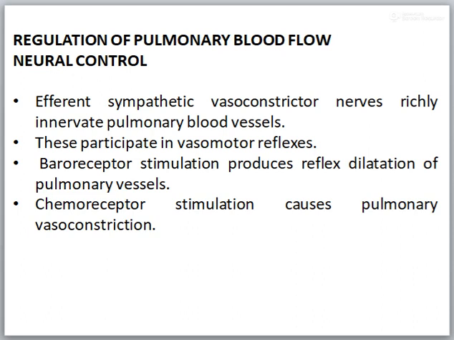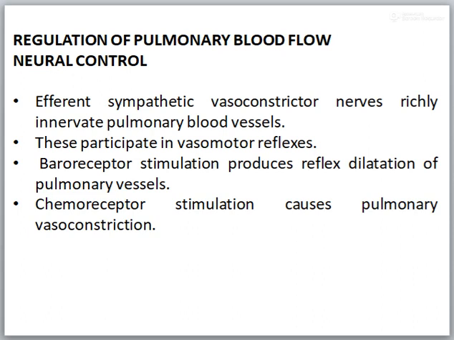Regulation of pulmonary blood flow. Neural control. Efferent sympathetic vasoconstrictor nerve. It innervates the pulmonary blood vessel. These nerves have no resting discharge and tone.